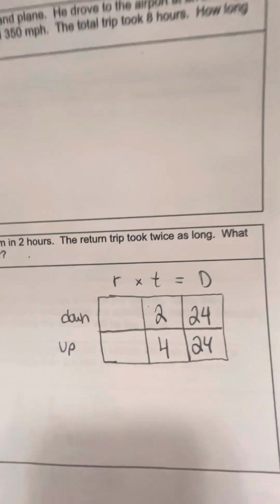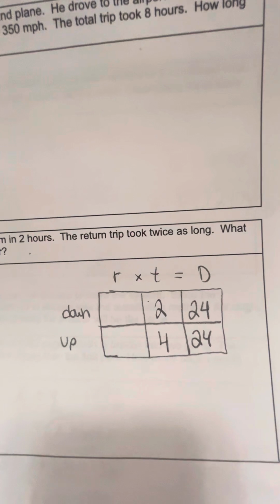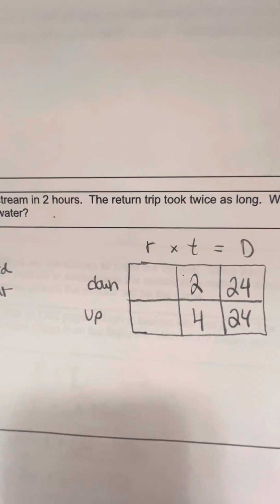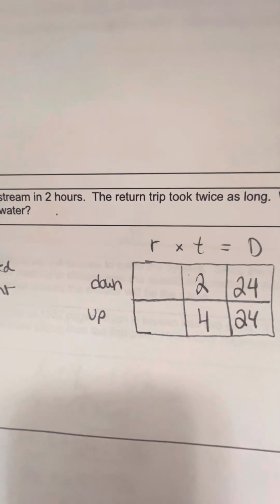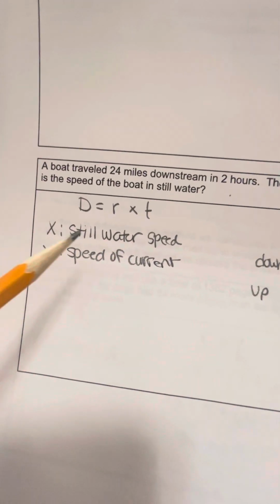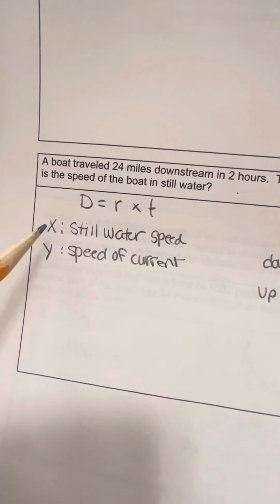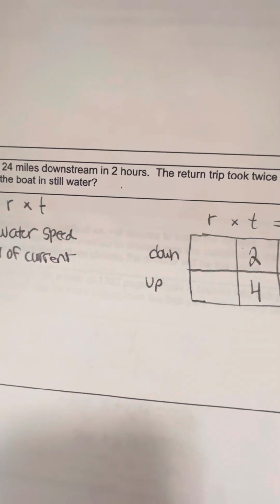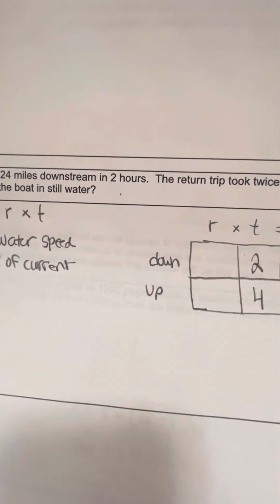One of them is going with the current, the other one is coming against it. So when we're looking at the rate that we're going at, we have opposite directions. Again, you're dealing with opposite forces here. You're talking about still water versus the speed of the current going upstream is going to be opposing. So opposing, you're doing different directions.